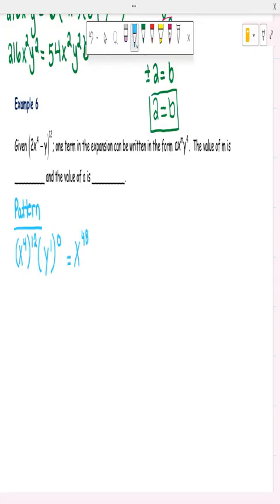It does have an exponent of 1 on it on the inside, but it gets raised to the power of 0. So this is going to give me x to the 48, because y to the power of 0 is just a 1, and 1 times x to the 48 is still x to the 48. So this is my term 1.